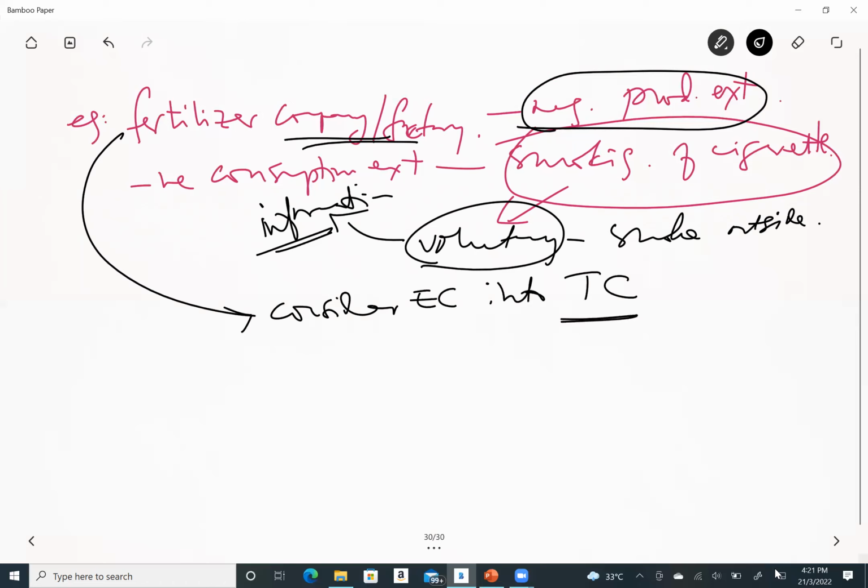So voluntary means no pressure, nothing. That comes from his information, sometimes his knowledge or his consciousness. Under this one, probably people with religion.